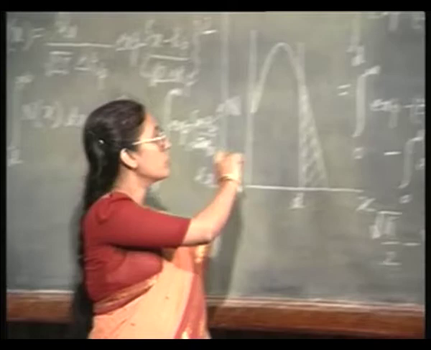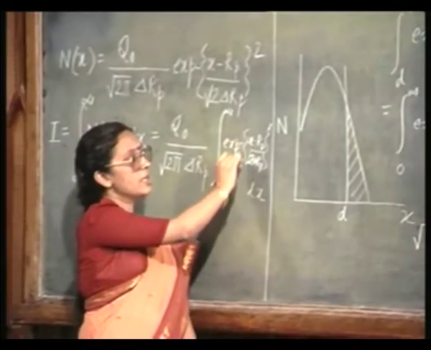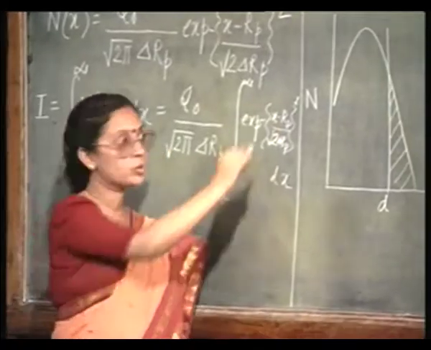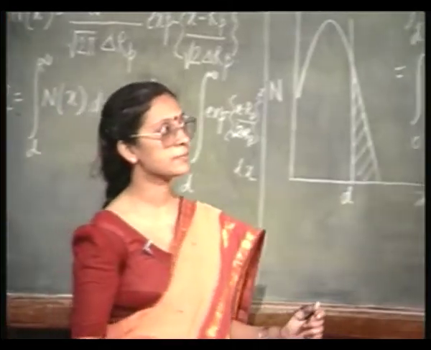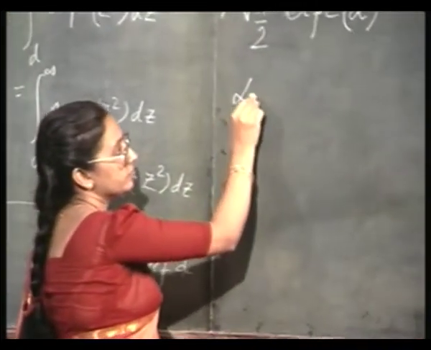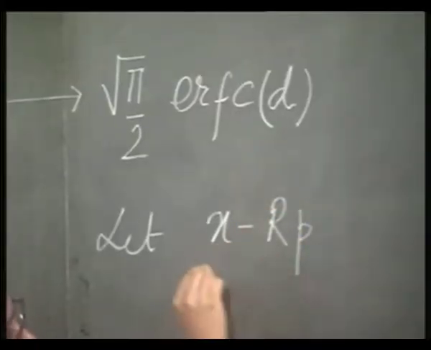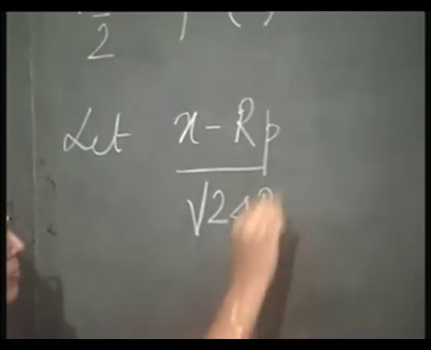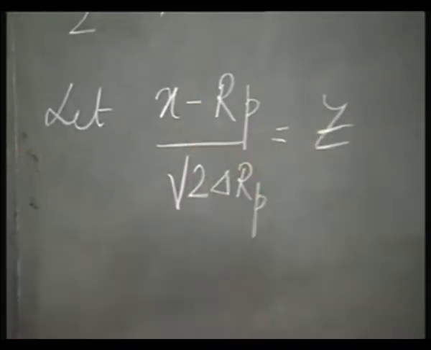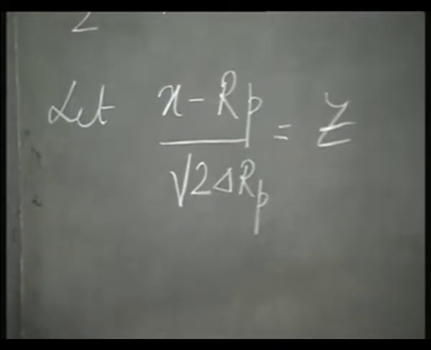If I have to express the integral in this form, then I have to change the variable. If I have to get it in z square fashion, then I have to write, let x minus r p by root 2 delta r p be equal to z.